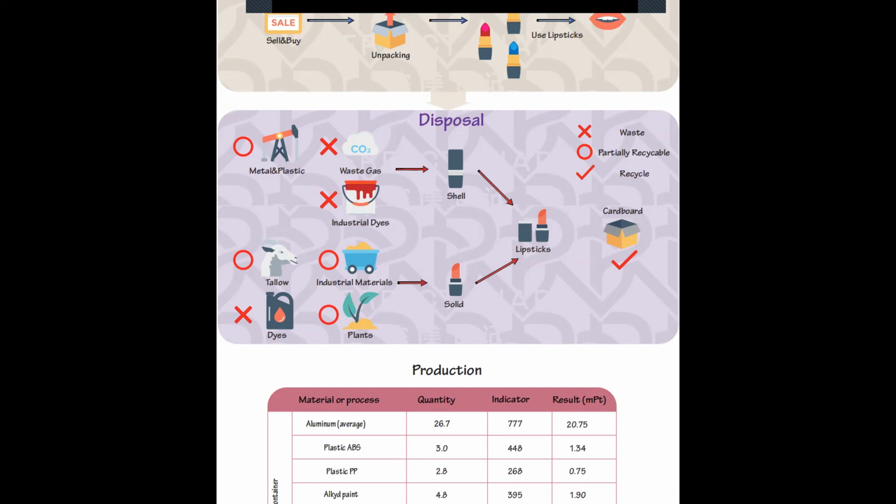The main solid materials of the lipstick are animal and plant oils and industrial materials. Most of these materials cannot be recycled. Next, we will introduce the detailed problems.